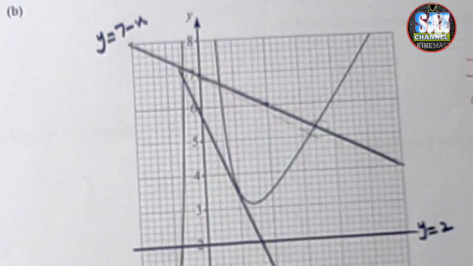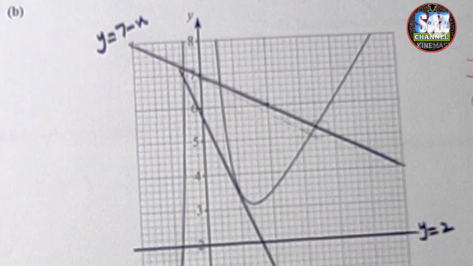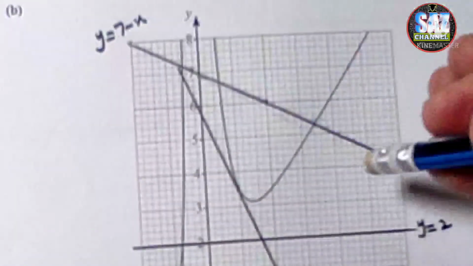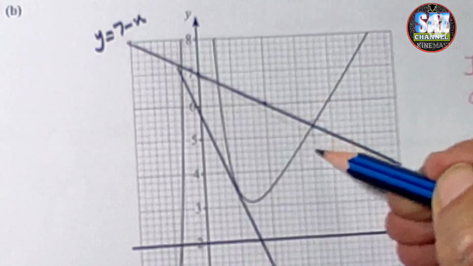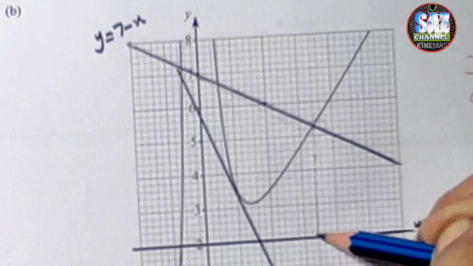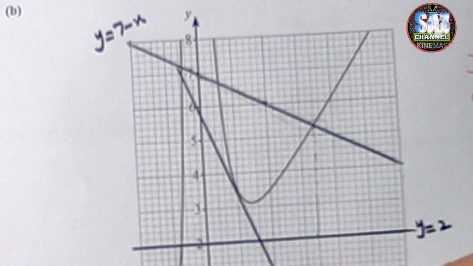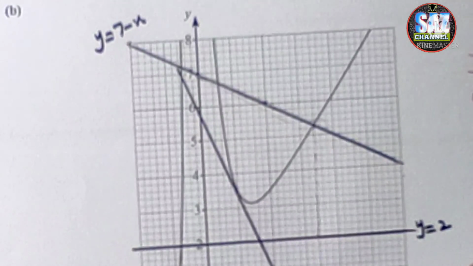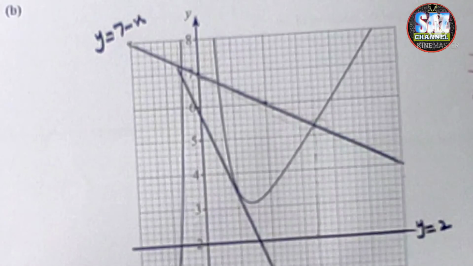And now it's the time to read the x values, that what x values we are getting. Okay, if we talk about this point, this one, let me come down over here. I have to come down over here. 1, 2, 3, 4, 5, 6, and 7.